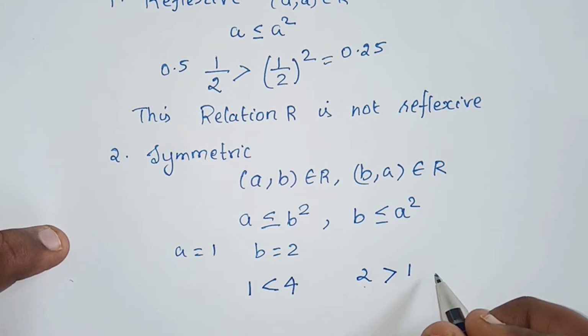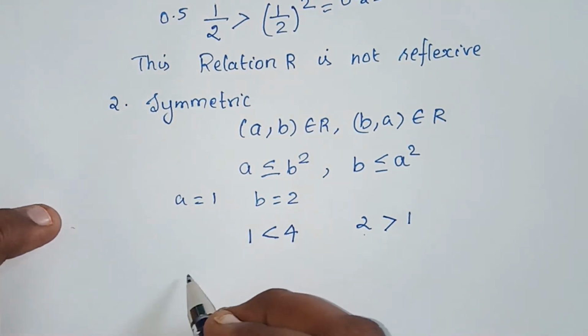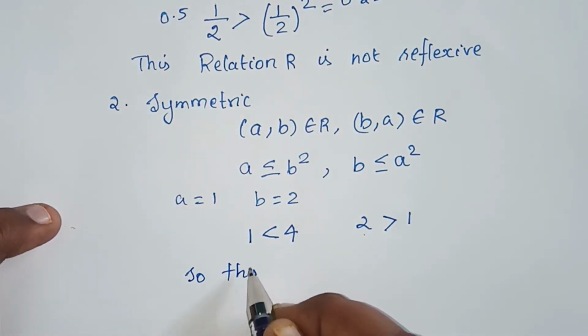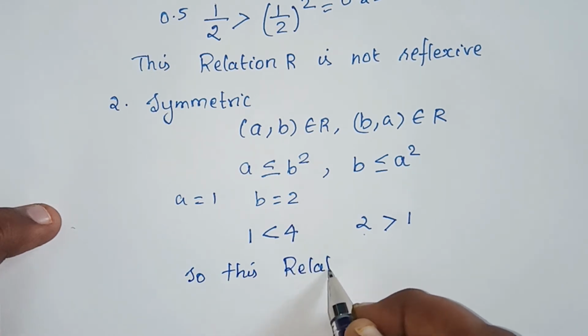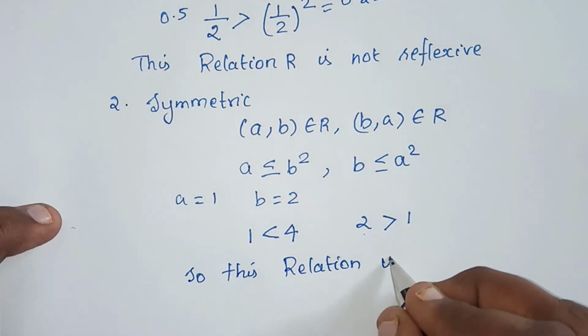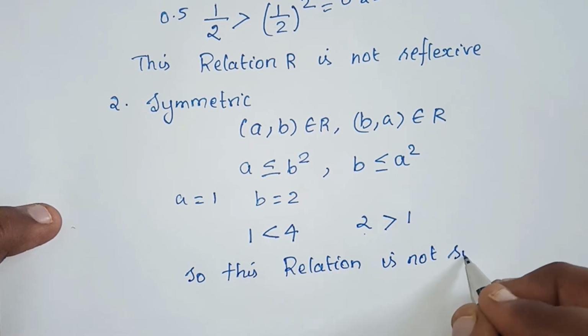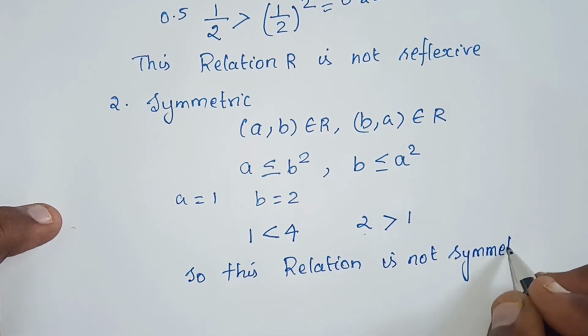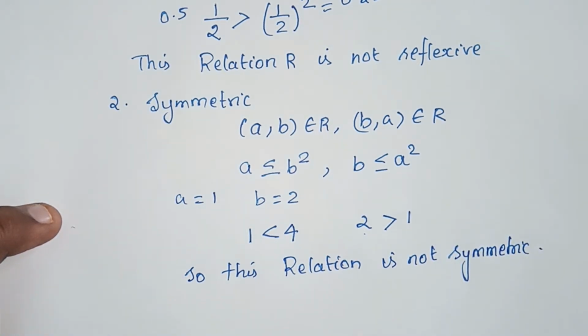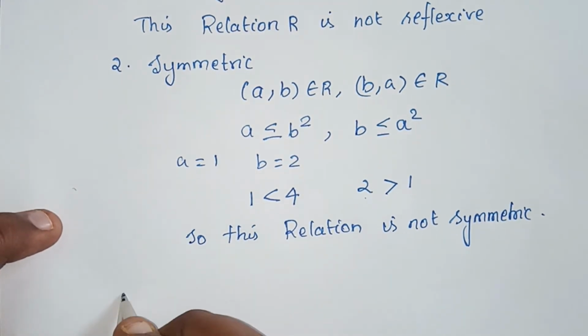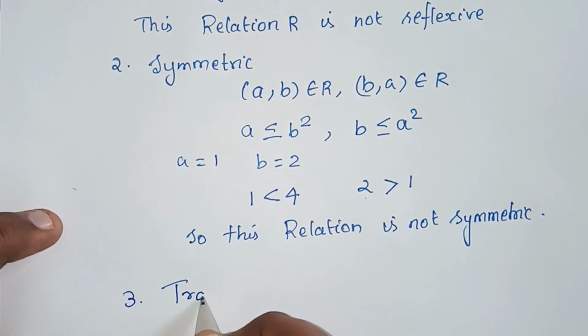So this condition fails. So this relation is not symmetric. So we checked the symmetric condition. Next we need to check the transitive condition.